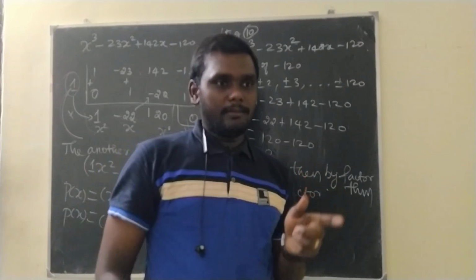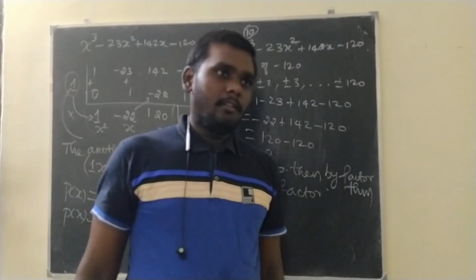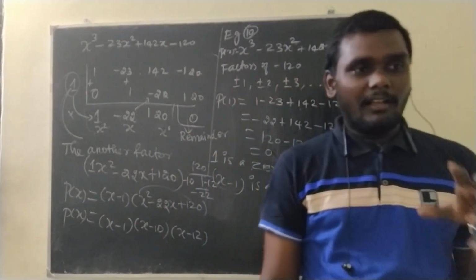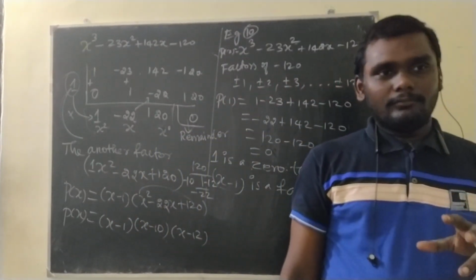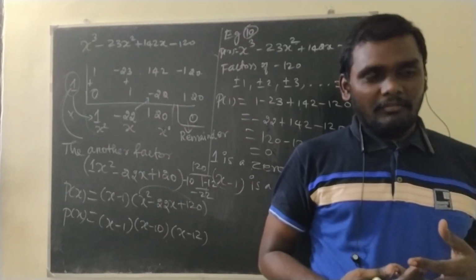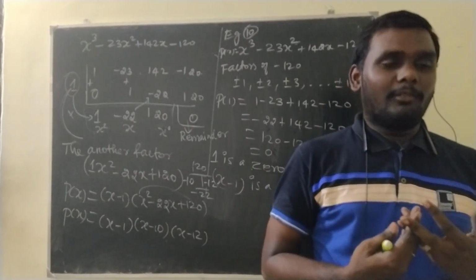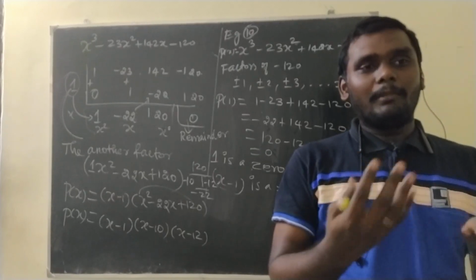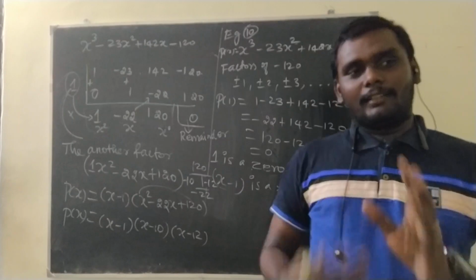What number do we have to substitute? We don't know. For that, we are going to use the method called trial and error. Our life itself is a trial and error. We learn from our mistakes. We try something, and if it goes wrong, we come back and restart.